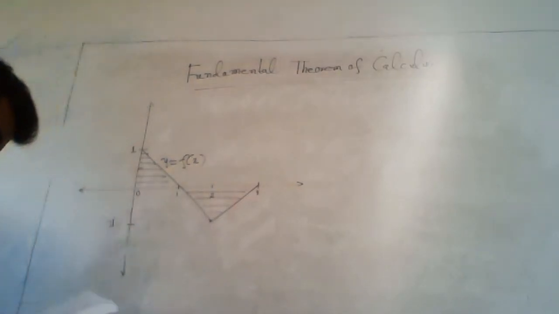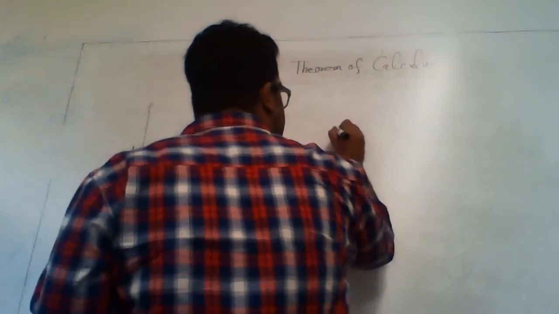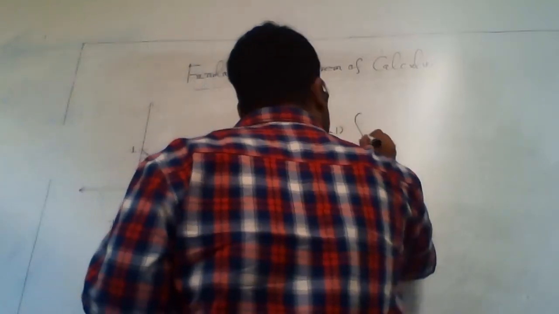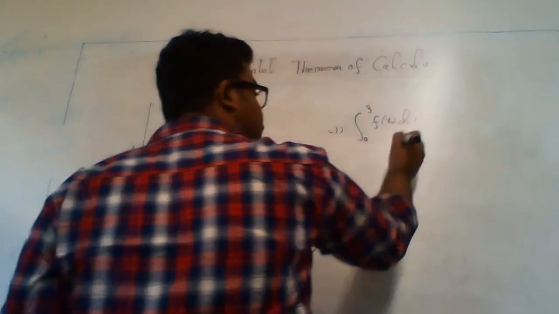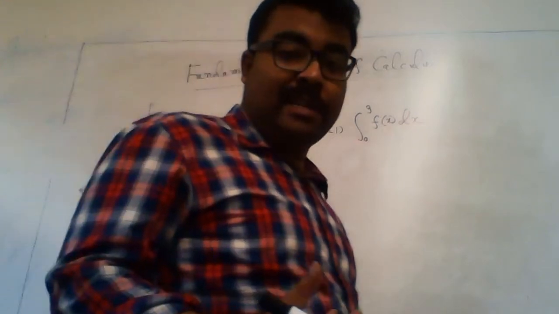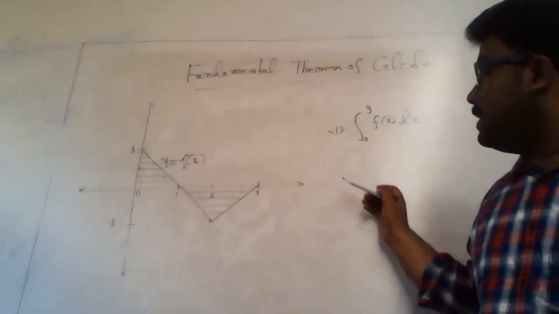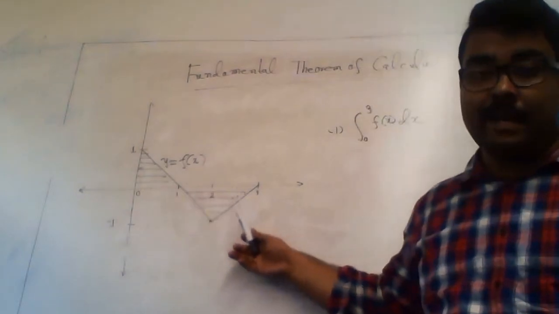From this graph you have to find the value of this integral, the integral from 0 to 3 of f(x) dx. First of all, by the geometrical interpretation of the definite integral, the integral from 0 to 3 of f(x) dx would be just area. Which area?